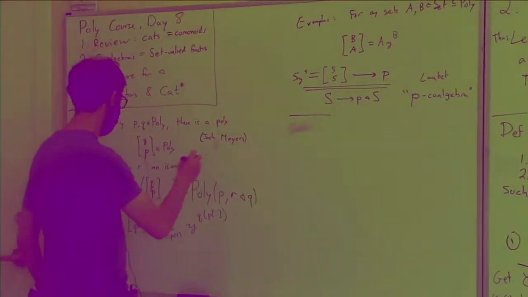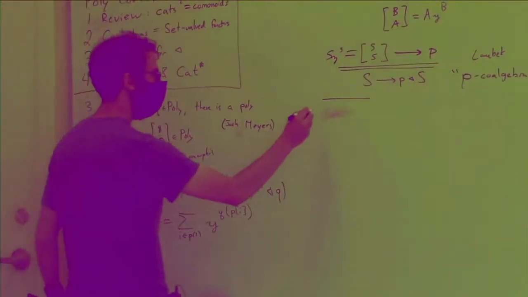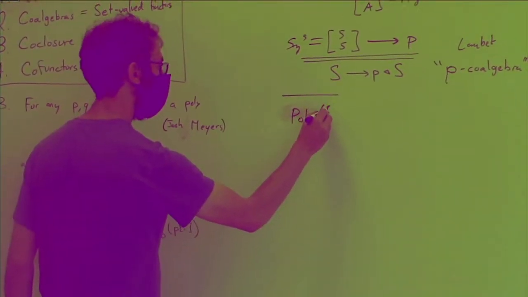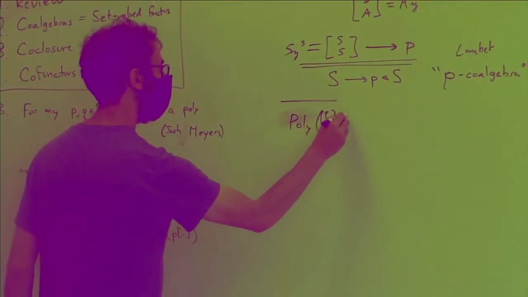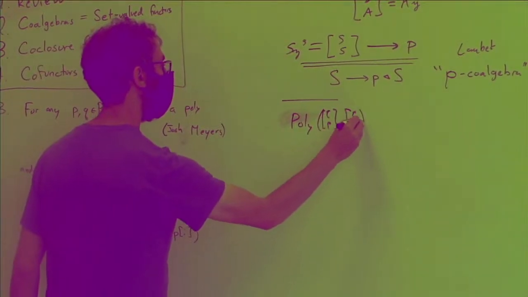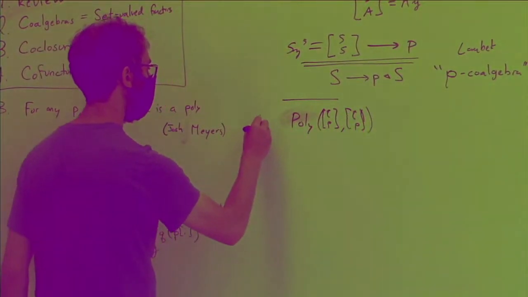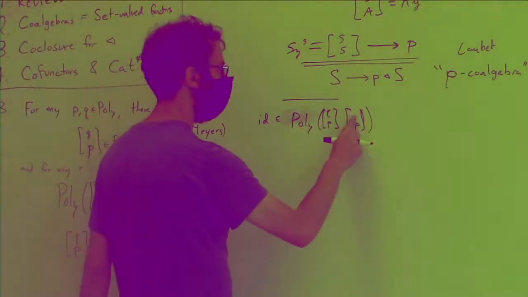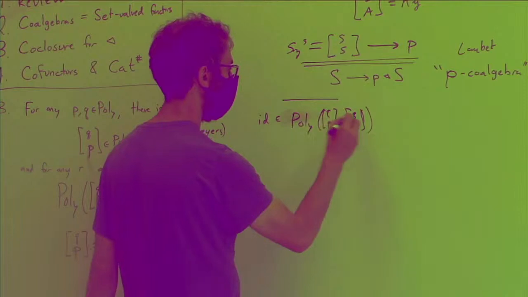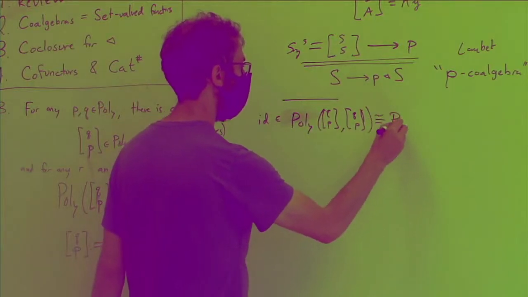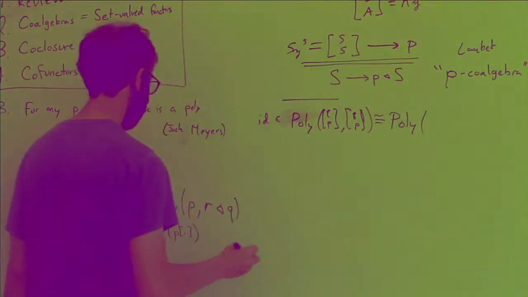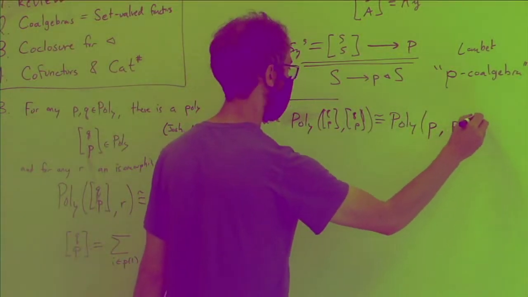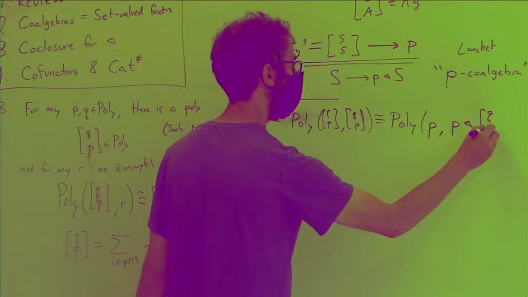So what I'm saying is if you plug in QP for R, you get that poly maps from QP to QP, of which there is an identity. There's a special one in there, so we get one for sure. No matter what Q and P are, we know there's a map from QP to QP. And therefore, we know there's a map from P to P composed QP.